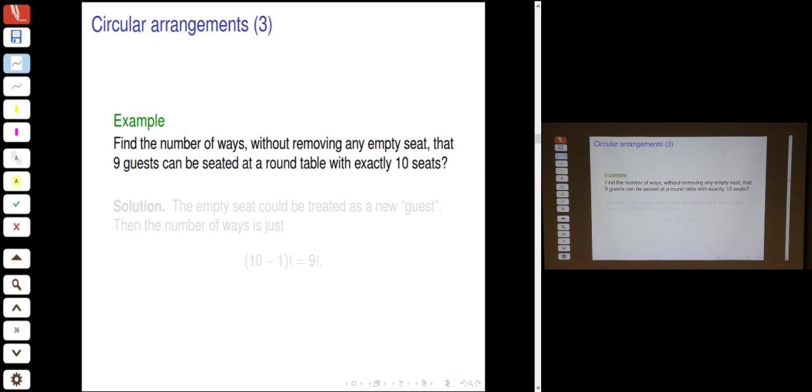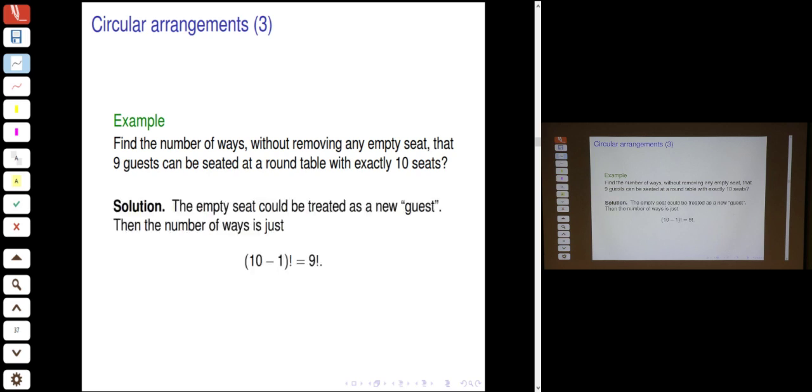Okay, so let's see. Find the number of ways, without removing any empty seat, that 9 guests can be seated at a round table with exactly 10 seats. So the solution is, well, in this case, the empty seat can be treated as a different person, right?